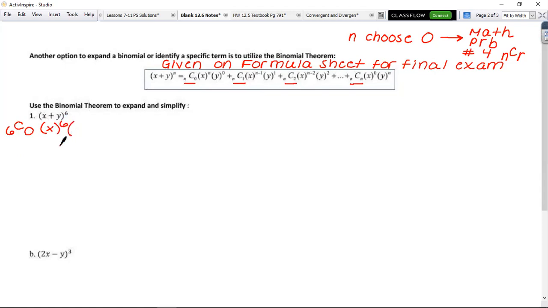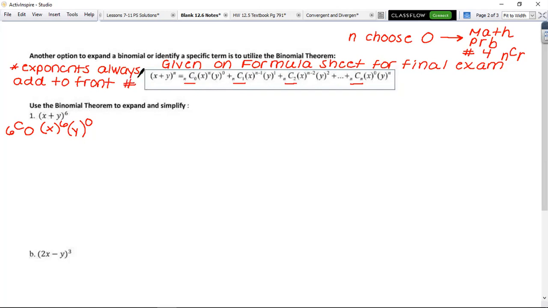And then I take my second, which is the y, and I raise it to the 0. Your exponents will always add to the front value. So exponents always add to the front number. In this case it is 6.